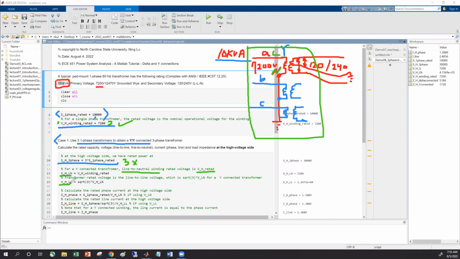For the line to line, we're going to learn from the course that this is our line to neutral. This is our VA, and then this is our VB, and this is our VC. So our line-to-neutral voltage is this, and then the line-to-line voltage actually is here.